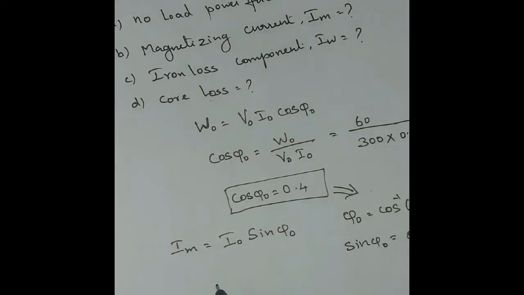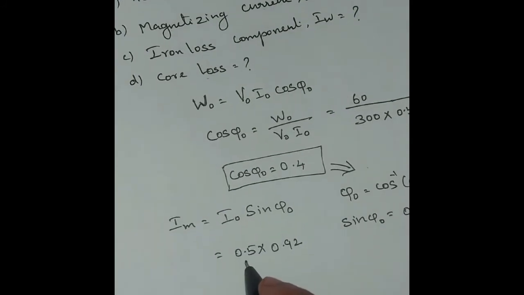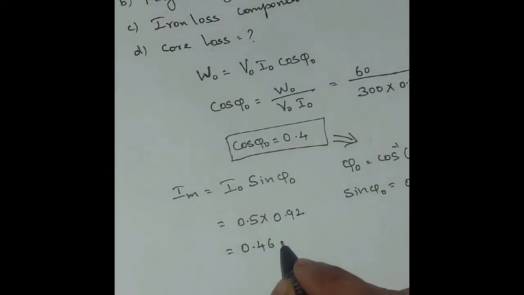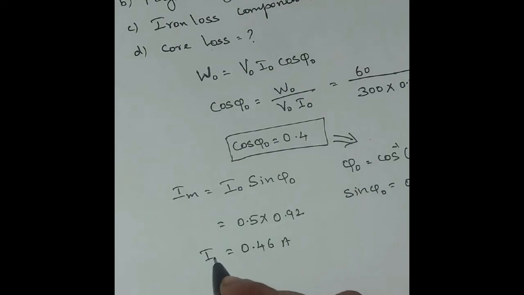Then substituting here, I naught value is 0.5 multiplied by 0.92. We will get 0.46 amps. So magnetizing current Im is equal to 0.46 amps.